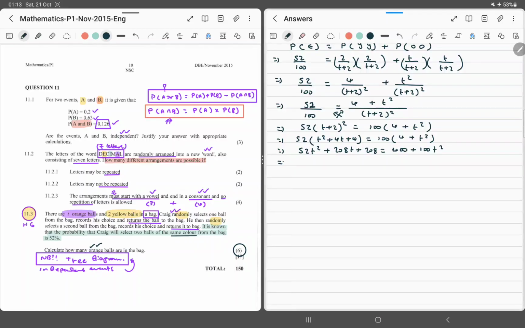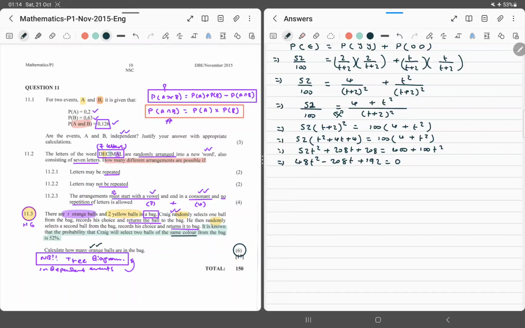Okay, now we move things around, so this is bigger than that, so we rearrange. So we're going to have 100 minus 52, that is 48 t squared. Then when we transpose this t, it's going to be minus 208 t. And then we've got 400 minus 208, so 400 minus 208 is 192, is equal to 0. So we've got ourselves a quadratic.